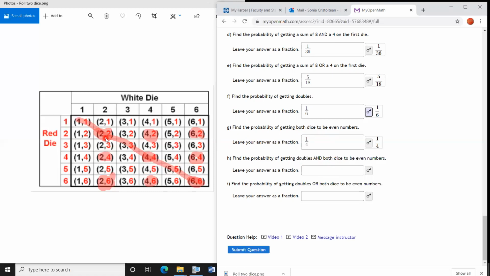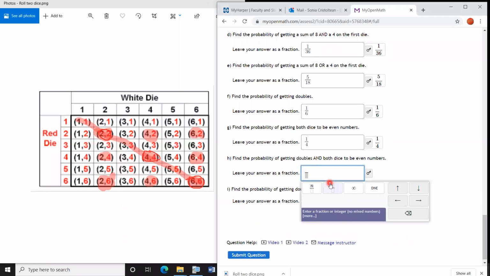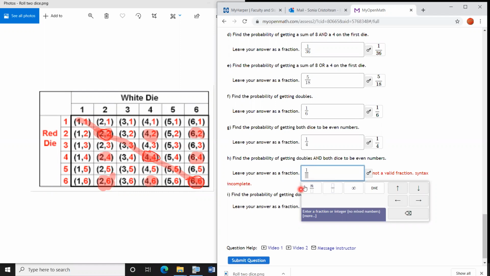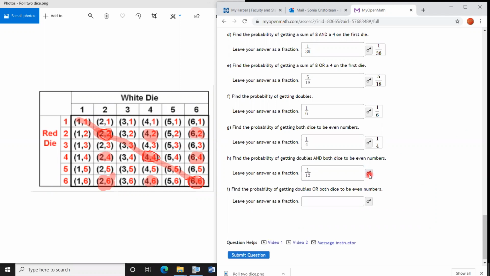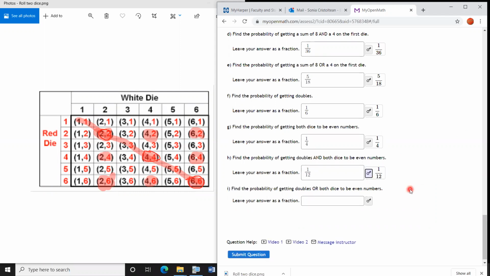Because and means both, and that will actually be 3 of those, right? You clearly see this that satisfies both requirements, the overlapping part. So my answer will be 3 over 36. 3 over 36 simplifies to 1 over 12. Okay, and now I'll check the answer. The answer is indeed 1 over 12.